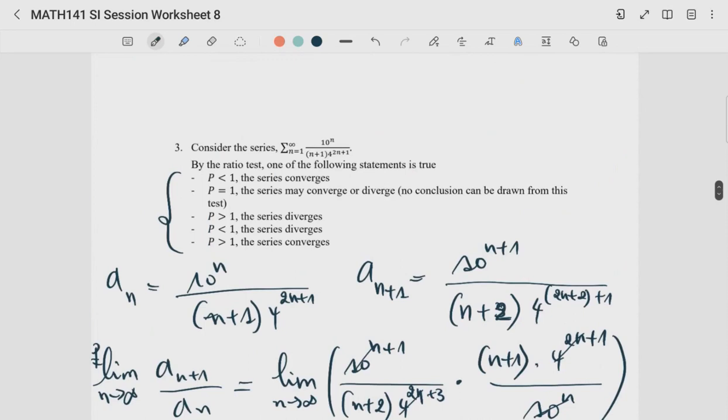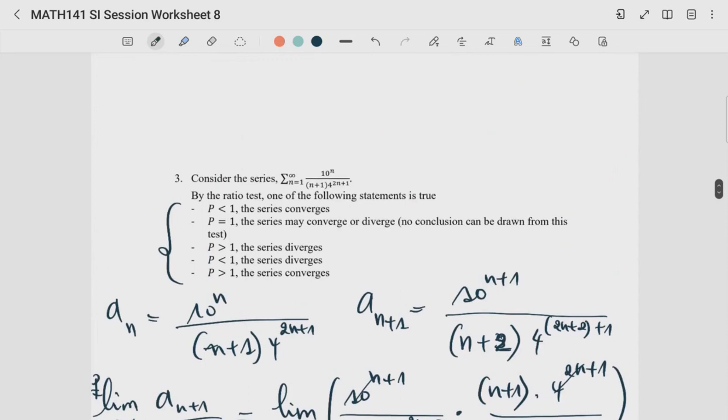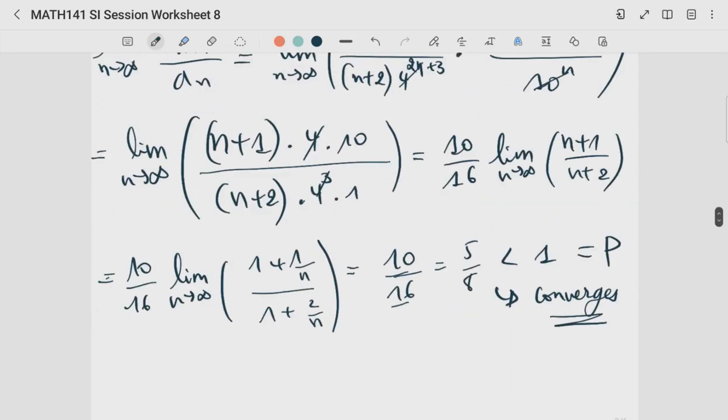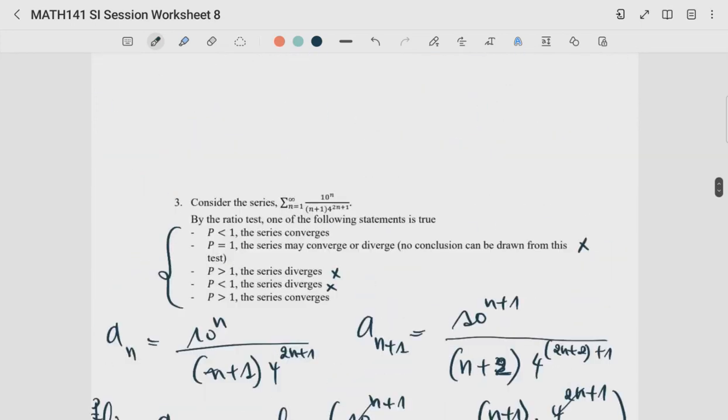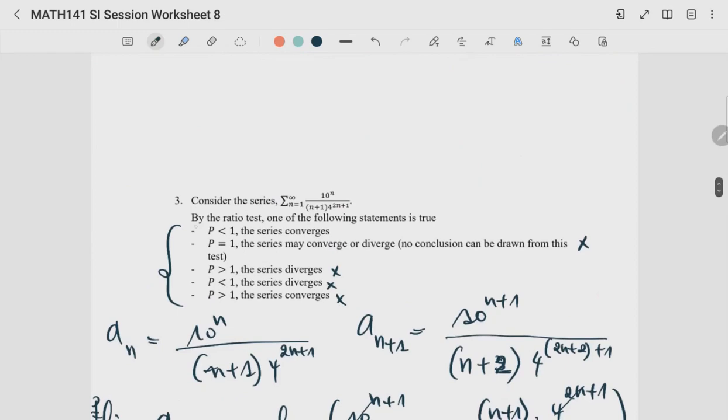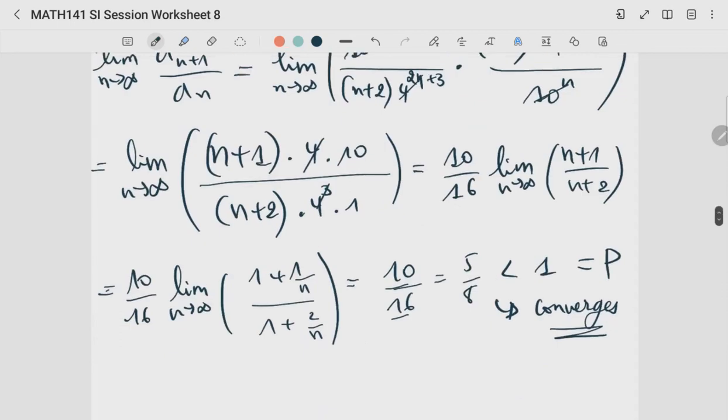All the options that tell us that the series diverges are eliminated. So we have two options: p is less than 1 and p is greater than 1. We know that p is less than 1, as we found here. So option 5 is out. Option 1 is the correct one. Okay, so hopefully this makes sense.